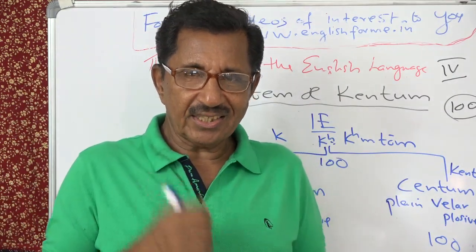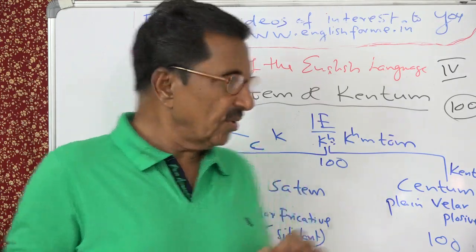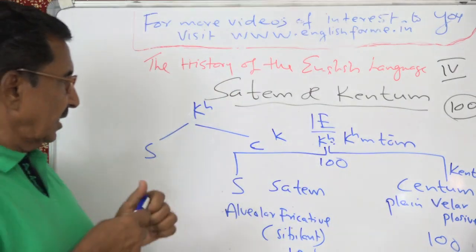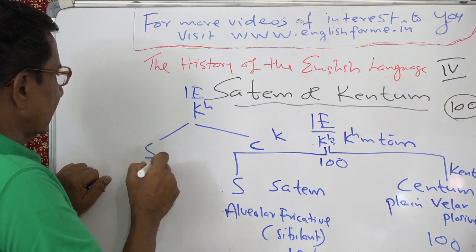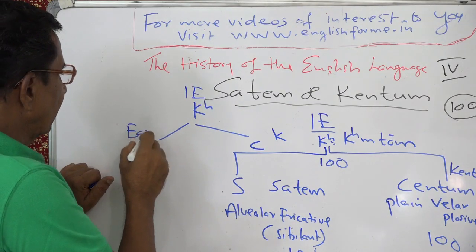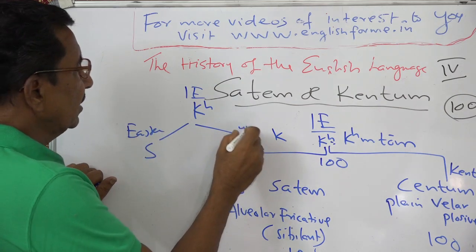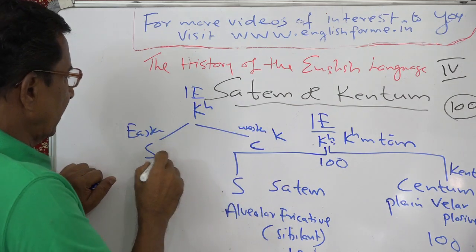And so if you answer the question, you can show this now. This is Indo-European, this is Eastern, this is Western. Example here is Satem.